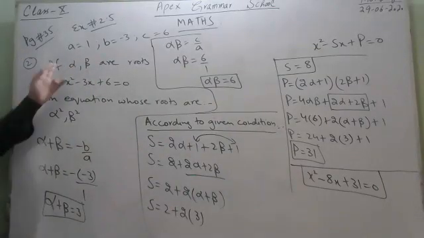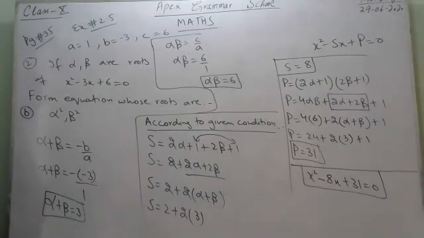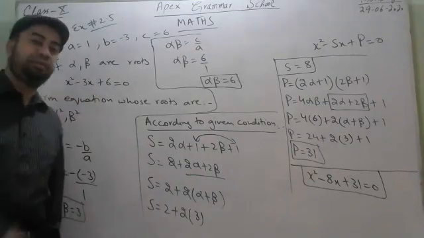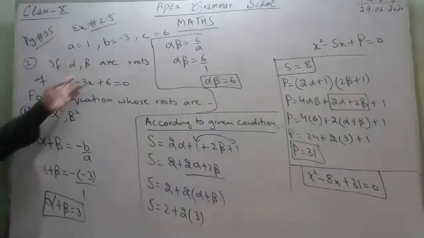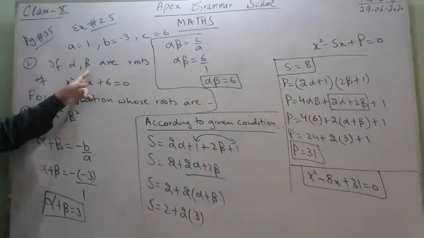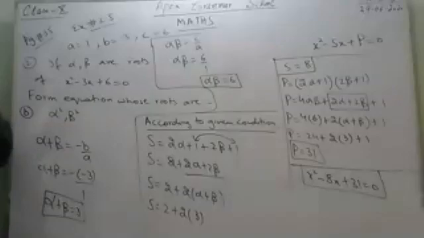For example, if alpha was 3, now he makes it square and it becomes 9. And if beta is 5, it becomes beta square, that is 25.